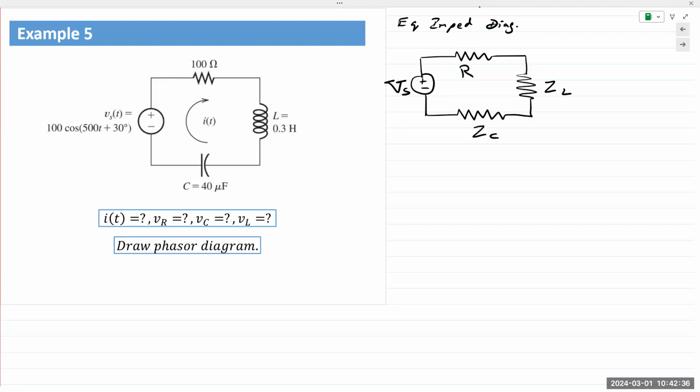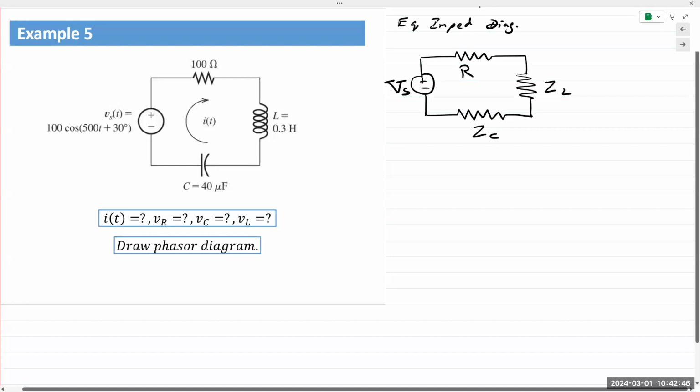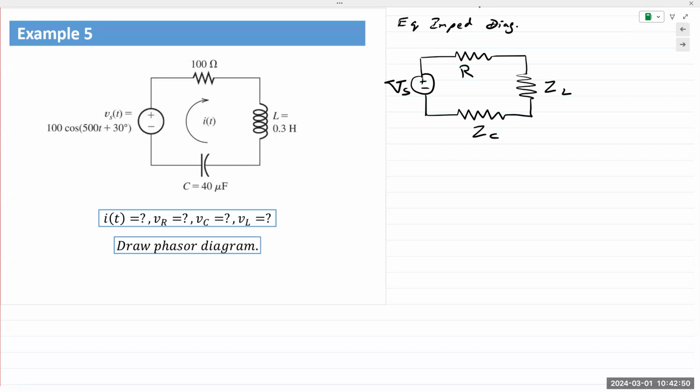Doesn't this look familiar from chapter 2? Again, analysis techniques do not change. They remain the same. So this is a problem from chapter 2, series parallel analysis. If this was a DC voltage you're applying to a 3 resistor circuit, what would your approach be? What would you do as a first step? Absolutely. We'd find Req in this case.